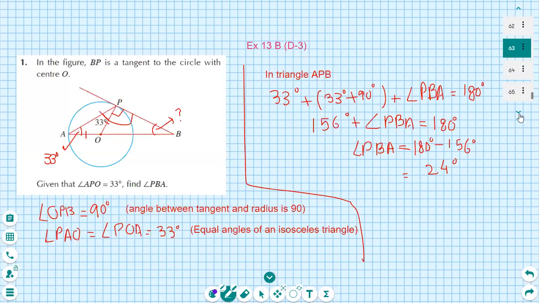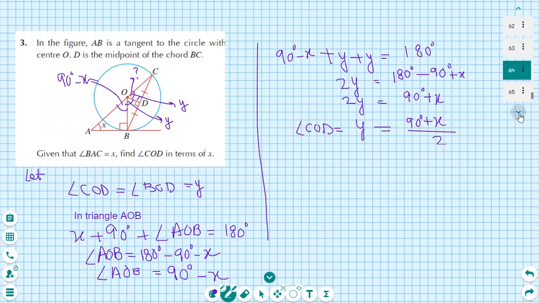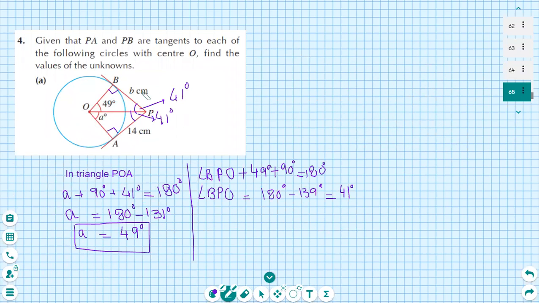So it means this B should be equal to 14. This B should be equal to 14 because tangents are equal from an external point. So I'm writing here BP equal to AP. So B is equal to 14 centimeters.